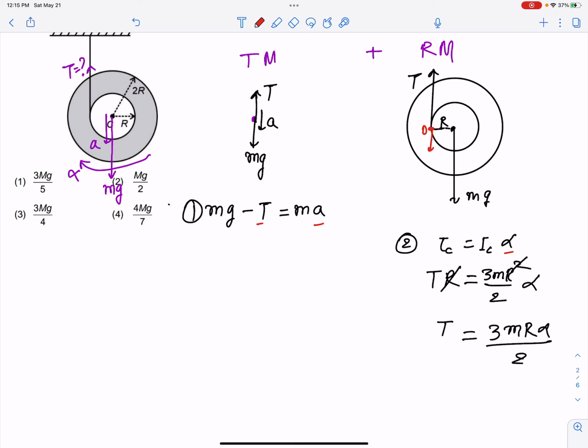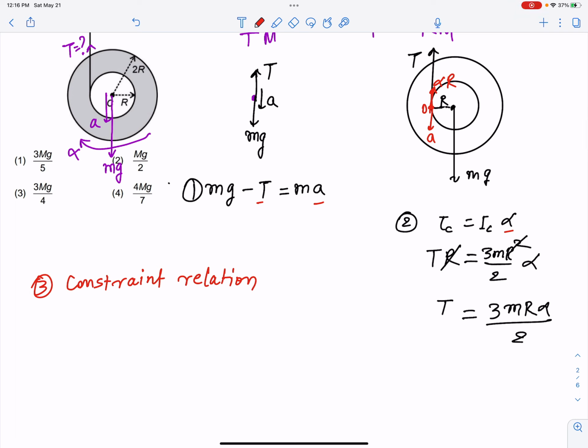The spool point has downward acceleration a and upward acceleration from the angular acceleration, alpha r. So the net acceleration will be a minus alpha r, and that's supposed to be 0. So we can write the constraint relation a minus alpha r equals 0.